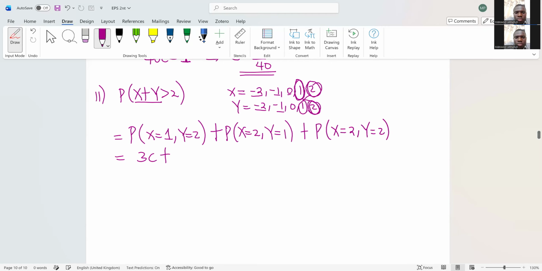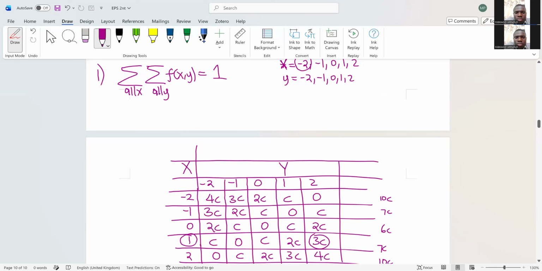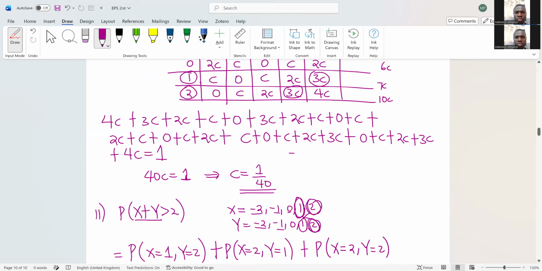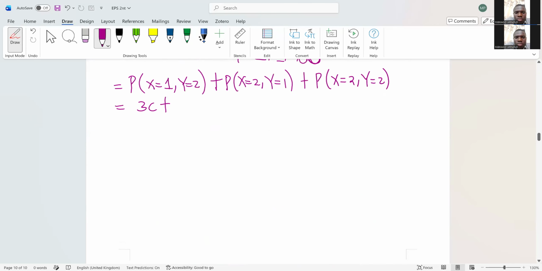Then plus X is 2, Y is 1. Look at the row for X is 2 and Y is 1. Still it is a 3c. So plus 3c.